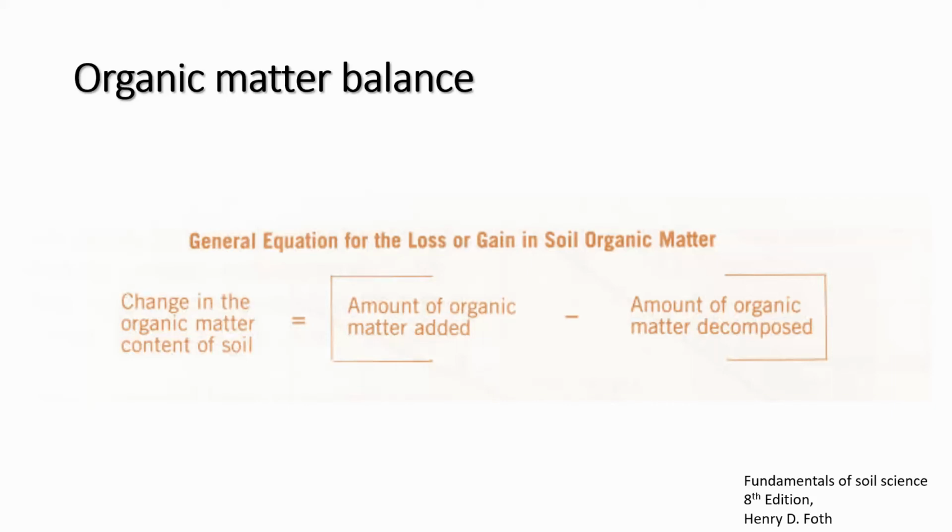Ultimately you will do a simple calculation and find the change in the organic matter. Either it is built up and increased, or it is reduced, decreased, depleted. What actually happened within that particular soil.